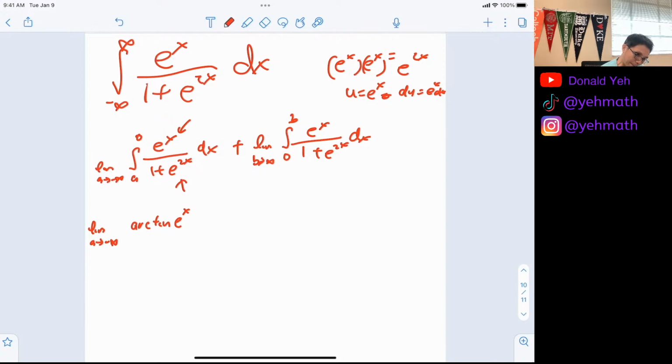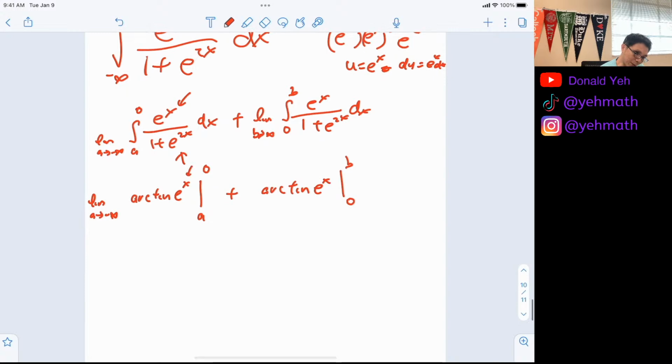Can you explain that? Okay, let me do a two-step then. So pi over 2 between a to 0, right? Plus arctan of e to the x between b to 0. So if I plug in 0 here, what's e to the 0? So it'd be arctan of 1 minus arctan of what?